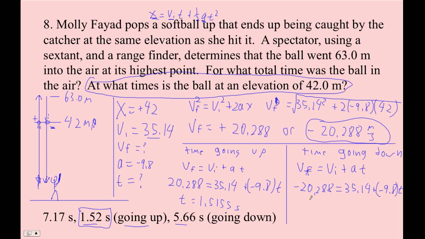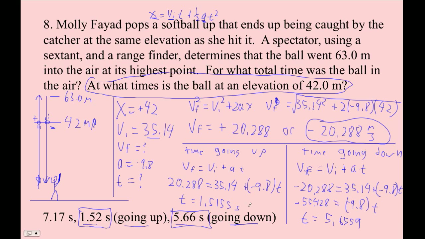So I've got negative 20.288 minus 35.14, which is negative 55.428, equals negative 9.8 times t. Now I can divide that by negative 9.8, and I get t is 5.6559. So 5.66 seconds, and that's the time for going down.